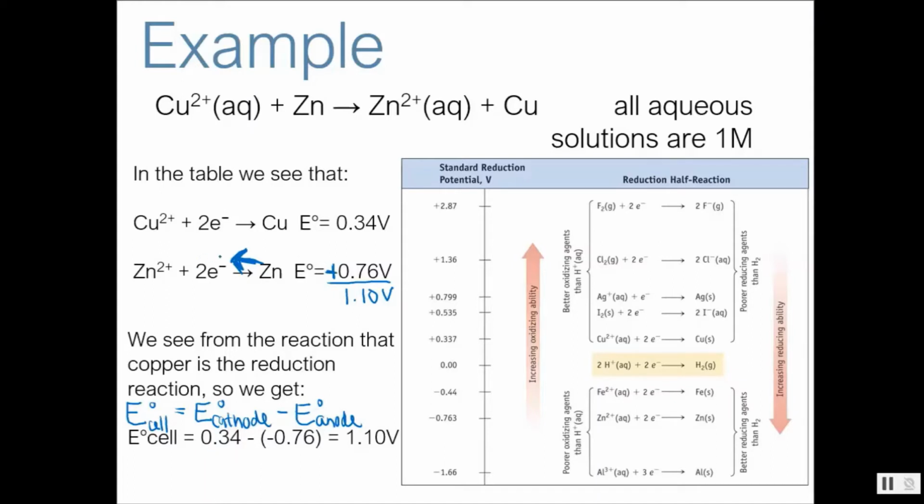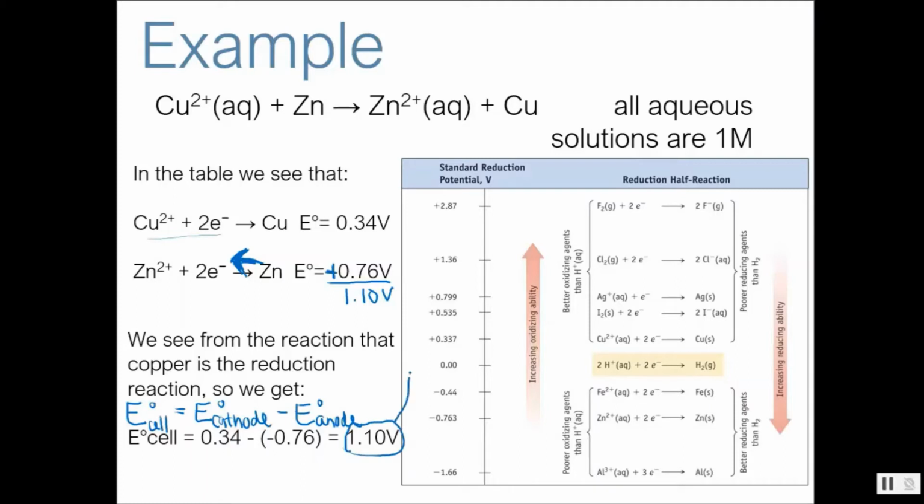The cathode is where reduction occurs. So we have our copper taking those electrons, and the potential is 0.34. And then we subtract the potential of our anode, which is where oxidation occurs, which is our zinc electrode, and that was negative 0.076. So E cathode minus E anode gives us the same answer.